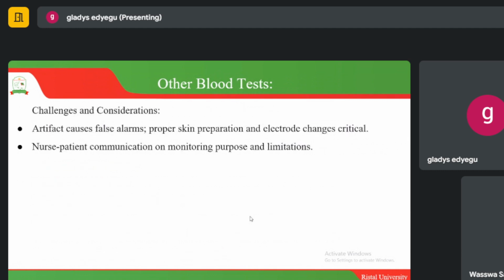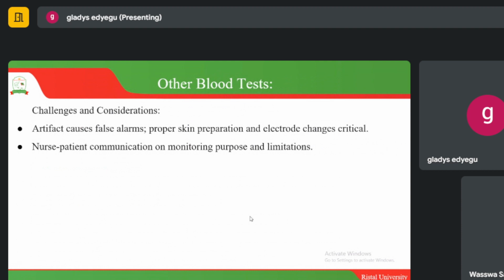Other challenges and considerations: artifact causes, false alarms, proper skin preparation, and electrode changes are crucial. You should be able to change these electrodes, especially during the ECG. It's very key for you to do that so that you don't misread or get wrong impressions of these results.